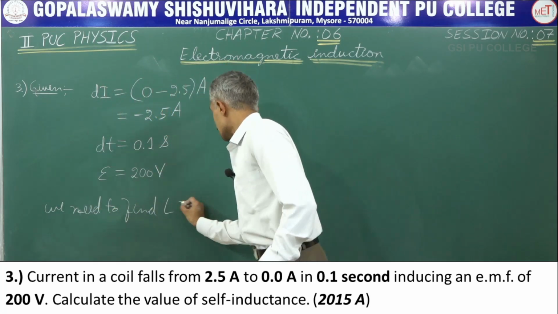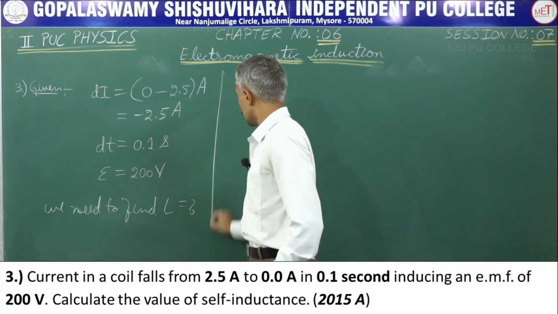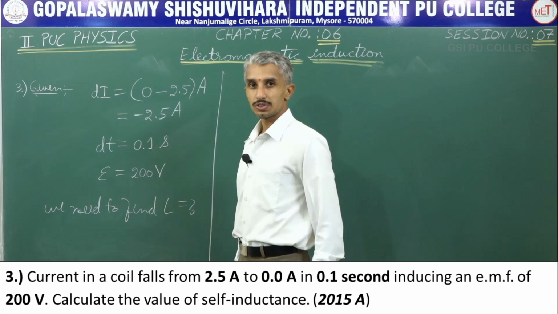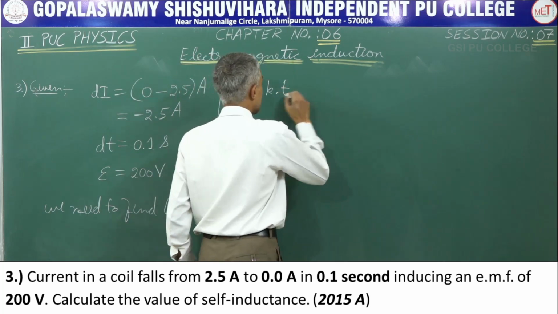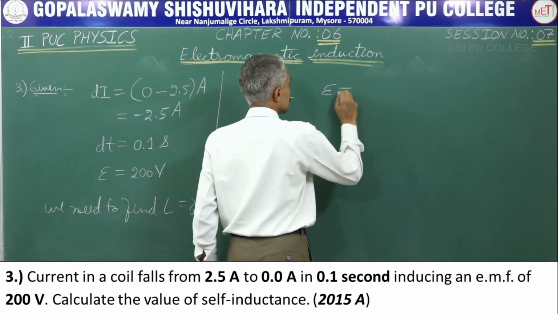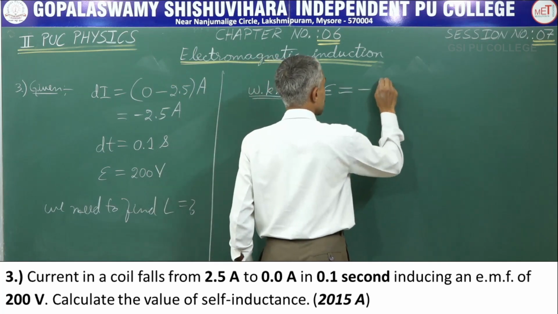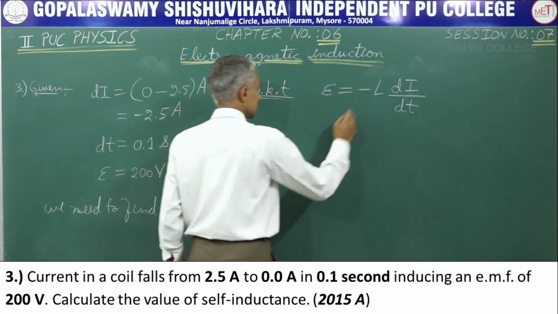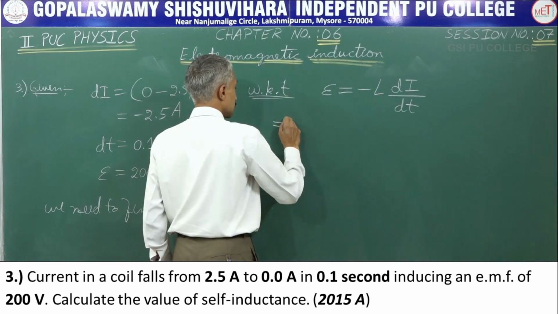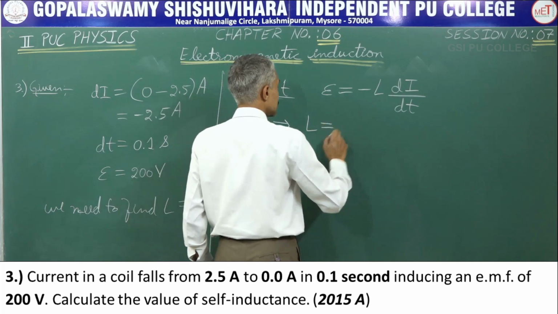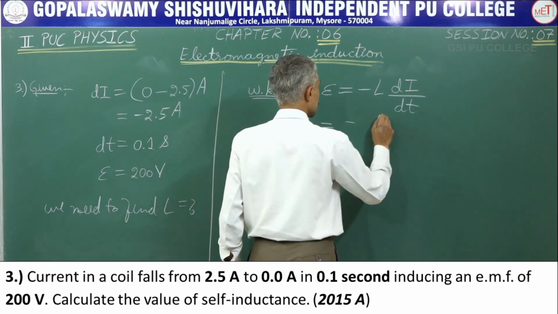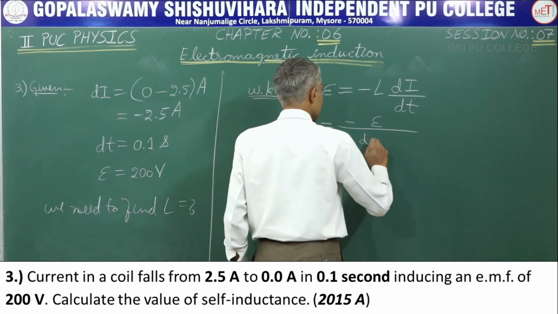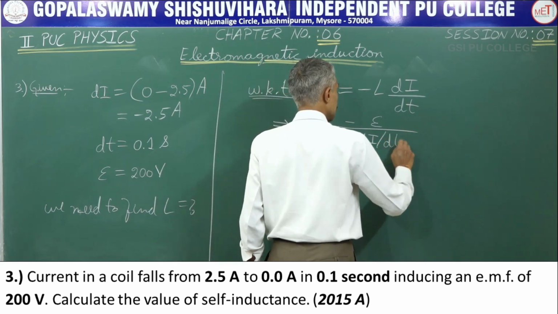The inductance L. So we would be using the same formula of self-induced EMF. We know that the self-induced EMF is given by minus L into di by dt. Rearrange for L. So I will get L is equal to minus the EMF induced divided by di by dt.